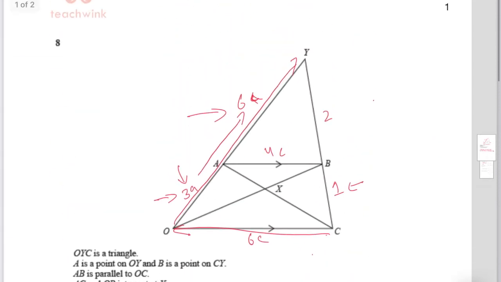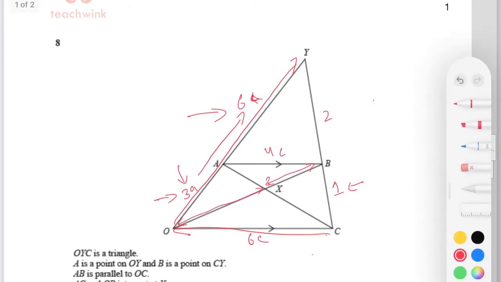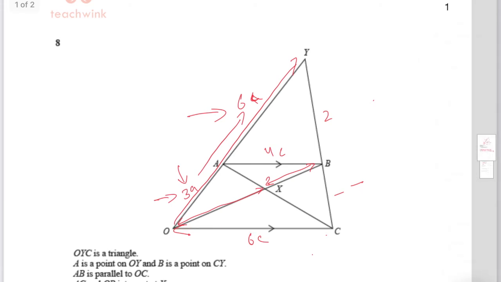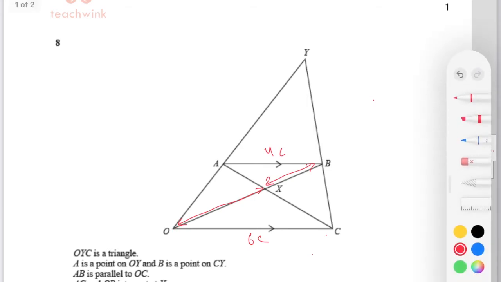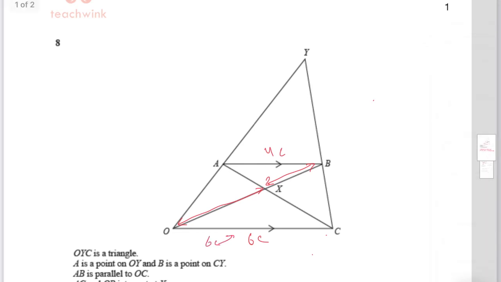The next part of the question says, find in its simplest form the ratio OX is to XB. So they've asked us to find the ratio of this compared to this. The simplest way and the easiest way of doing this is if we compare the lengths of the two triangles. For example, the bigger triangle has the length as 6c. Since we're trying to compare the ratios, we don't need the actual lengths. And this triangle right here has 4c.